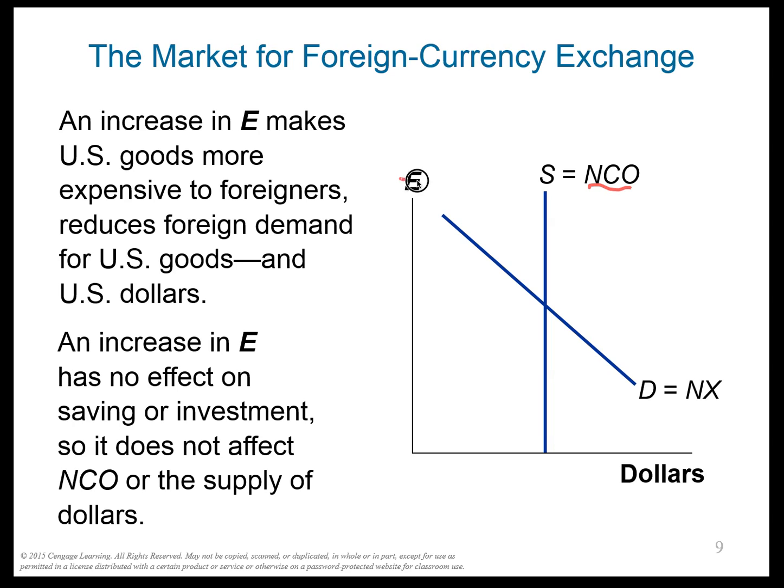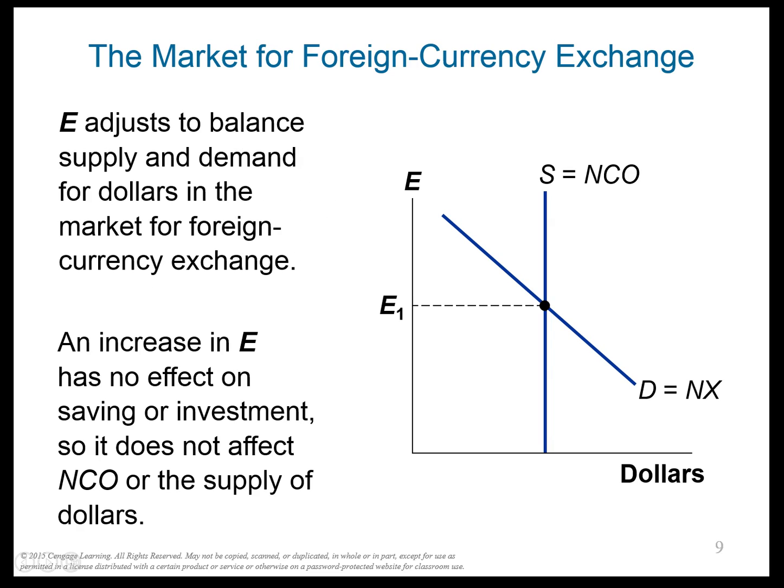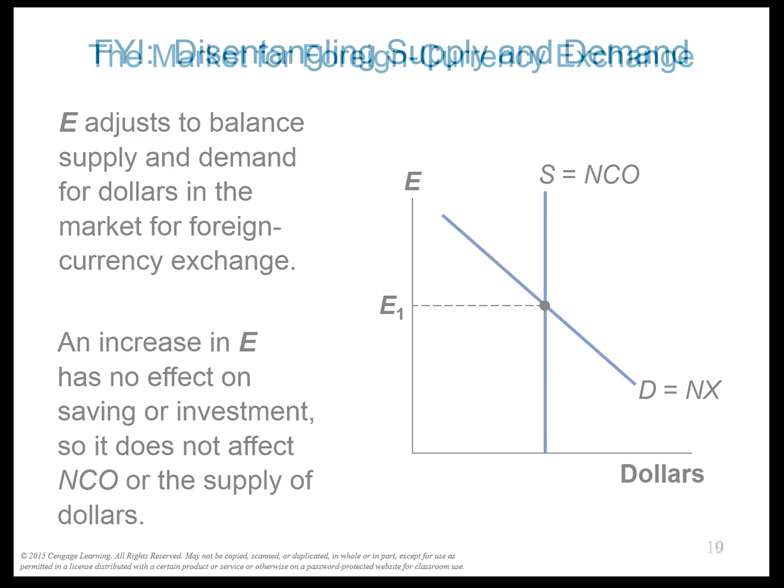It has nothing to do with the exchange rate. So no matter what the exchange rate is, the level of NCO that I am sending outside of the country is going to stay the same. So now this part is easy. The real exchange rate just adjusts to balance supply and demand in the market for foreign currency. All right, and so that's how we determine E.